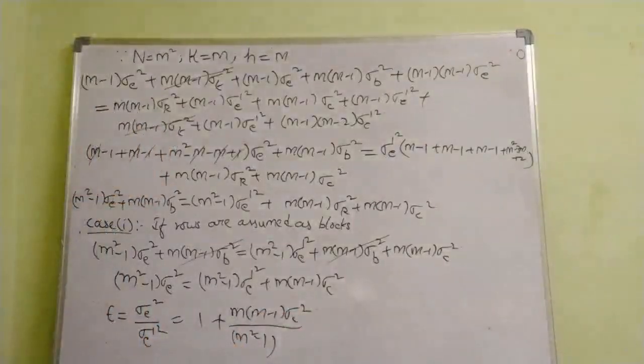So copy till here. This m square minus 1 we will now write as m plus 1 into m minus 1, that is a square minus b square form.